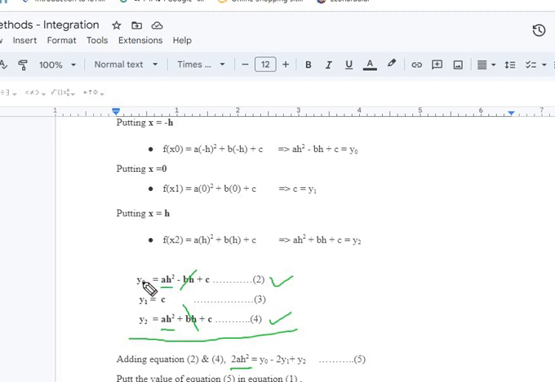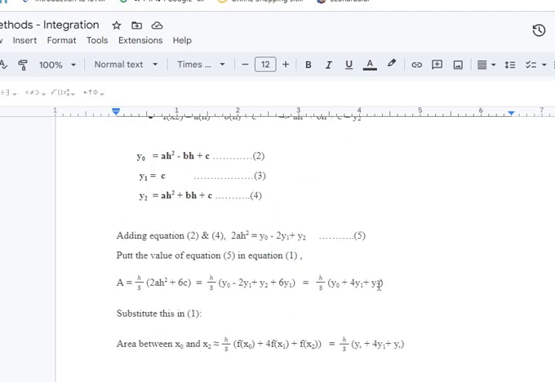This is y0 plus y2, and we have twice of c, c plus c. And what is c? c is given as y1. So one can write 2ah square is equal to y0 minus 2y1 plus y2. Now this is represented as an equation.